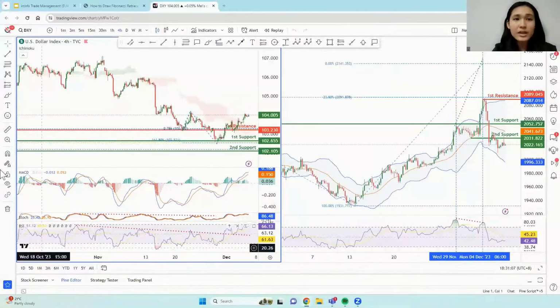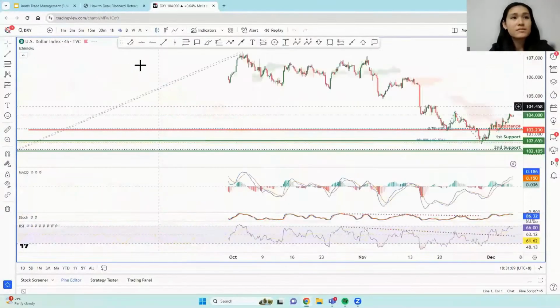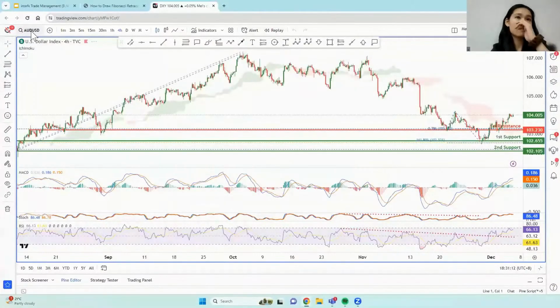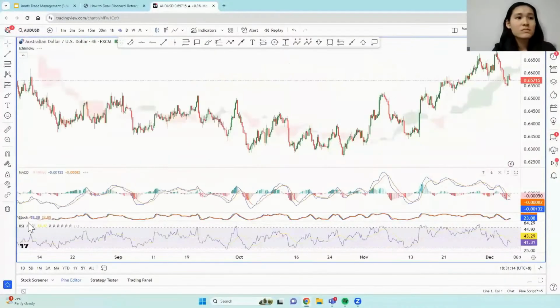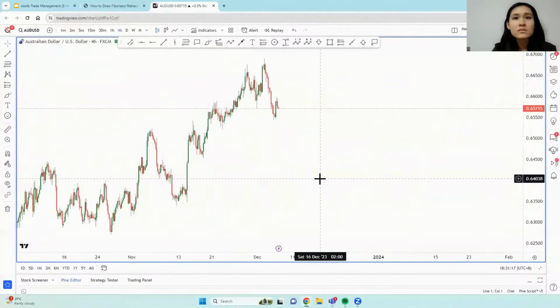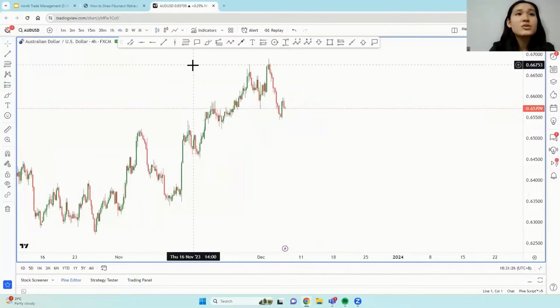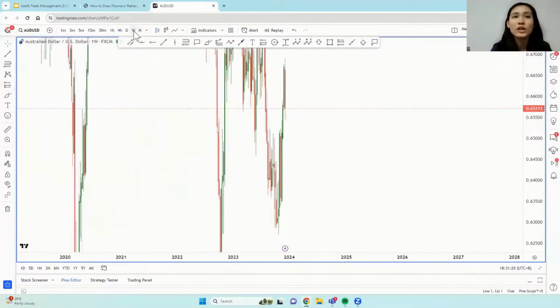We can take a look at AUD. Let's go ahead and take a look at AUD on a weekly time frame first.